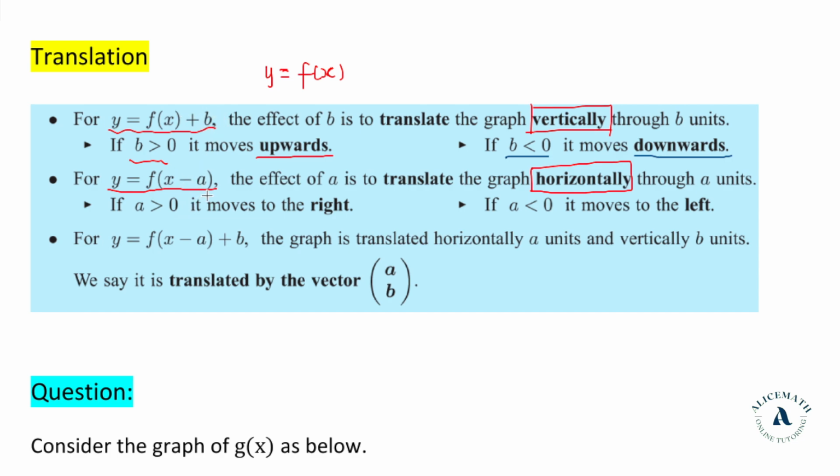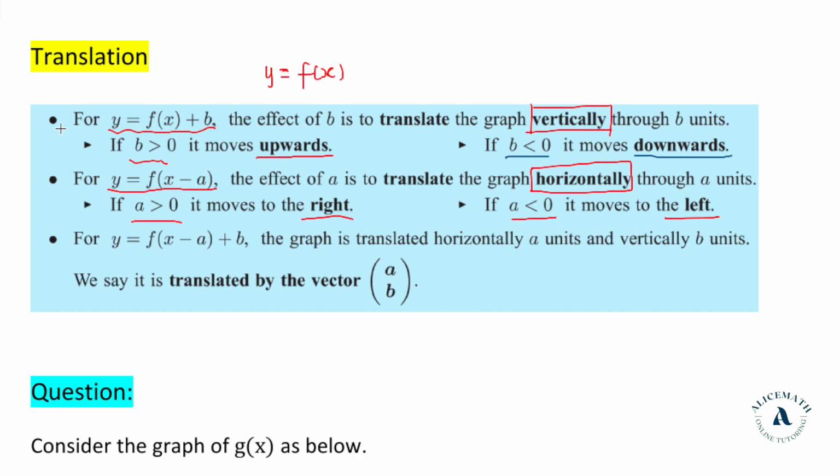But here, if we translate it horizontally, it means we replace x with x minus a. And it also depends on the sign of a. If a is positive, it means it moves to the right. If a is negative, it means it moves to the left.